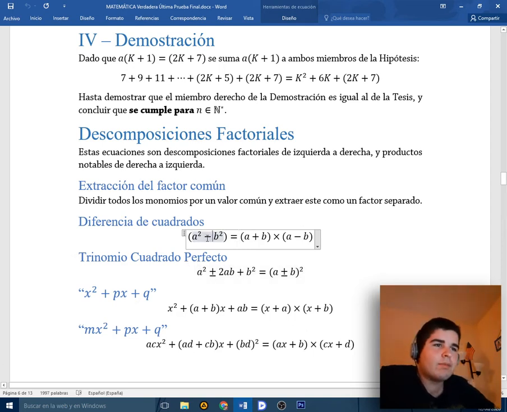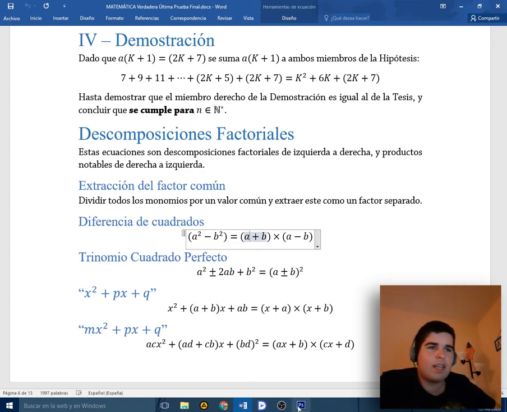And one is subtracted from the other. So when you decompose this one, you get a sum and a subtraction multiplied by each other, where basically the roots of these numbers are the components of the sum and subtraction.